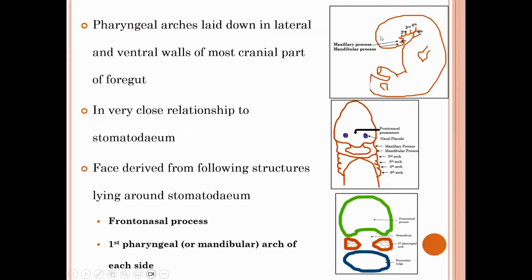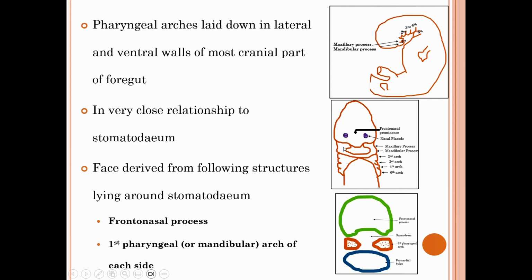So now here you see the frontonasal process is here, and we are able to see here the pharyngeal arches. Now you can see the first, second, third, fourth and sixth pharyngeal arch. So the pharyngeal arches are present here.